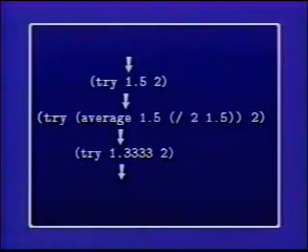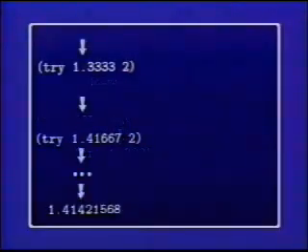So this whole thing reduces to trying 1.333 as a guess, and then so on. That reduces to another call to good enough, 1.4 something or other, and it keeps going until the process finally stops with something that good enough thinks is good enough, which in this case is 1.4142 something or other. So the process makes perfect sense.